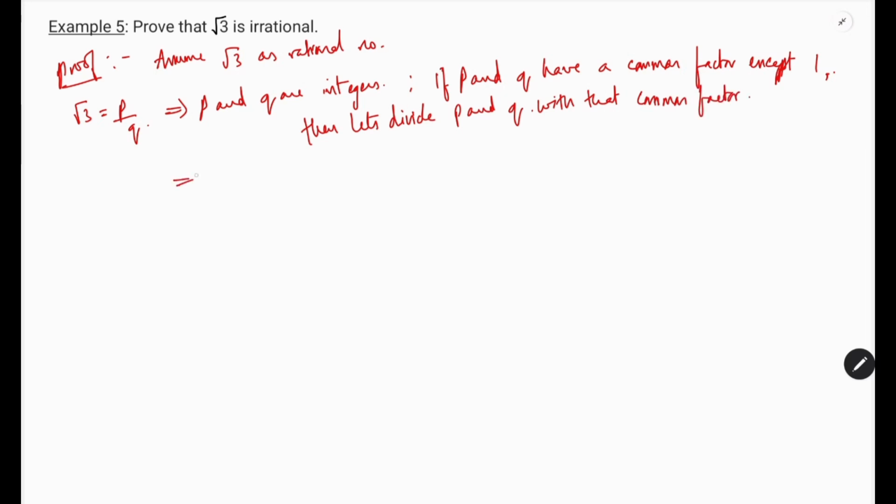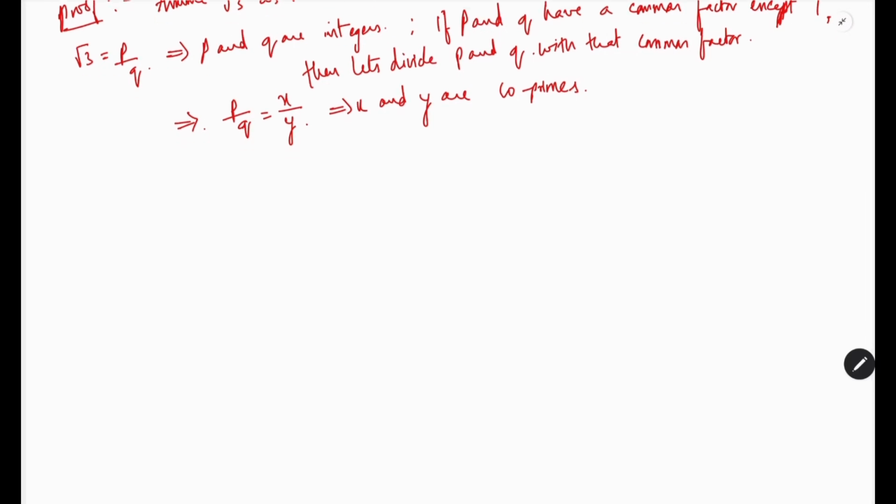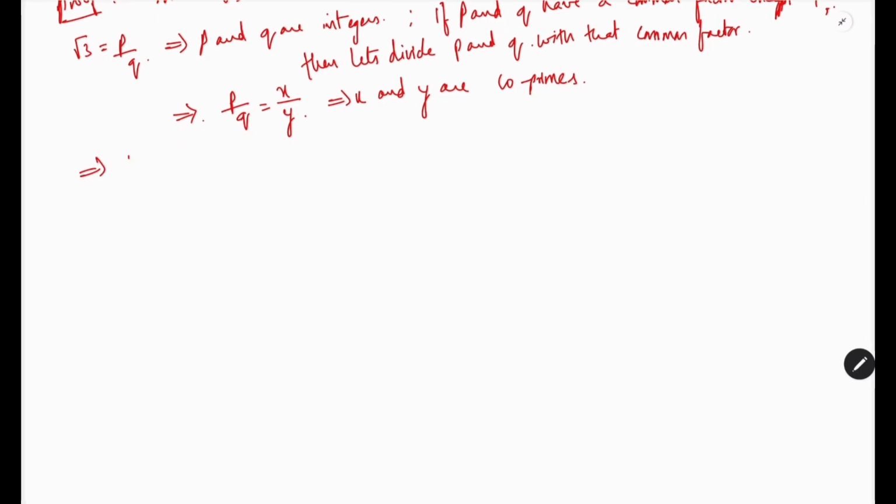If you divide P and Q with the common factor, you get X and Y. So here X and Y are co-primes, that means they don't have any common factor. So this implies root 3 is equal to X by Y.